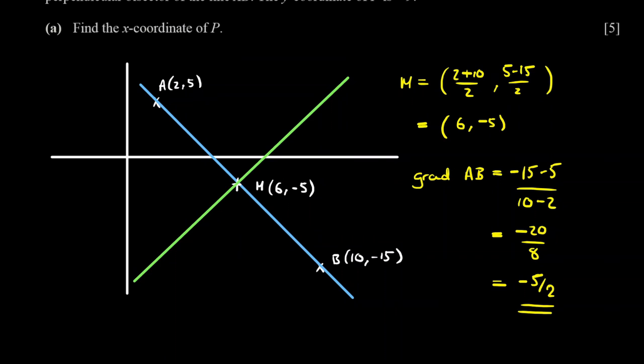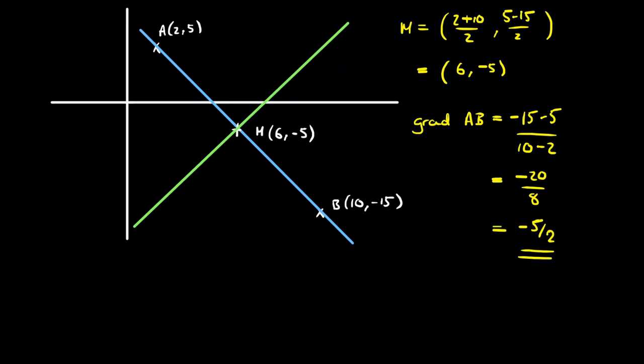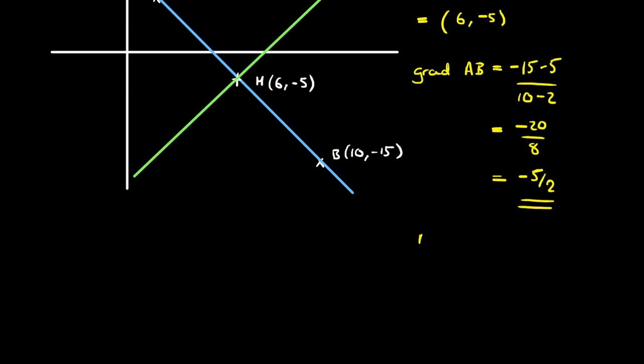Okay, now then, that gives us the gradient of the blue line, AB, but we want the gradient perpendicular to that. And we should know that if two gradients are perpendicular, then the product of those gradients is equal to -1, right? So m1 m2 is equal to -1. That means that the gradient perpendicular to AB, in this case, is going to be -1 divided by -5/2, and that's 2/5. Okay, so we know that the gradient of our perpendicular bisector is 2/5, and we know that the coordinate point that it goes through is 6, -5.